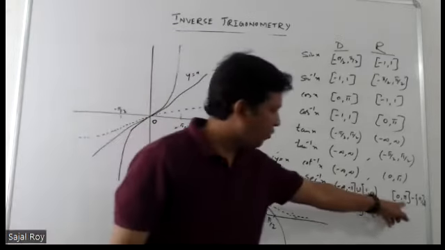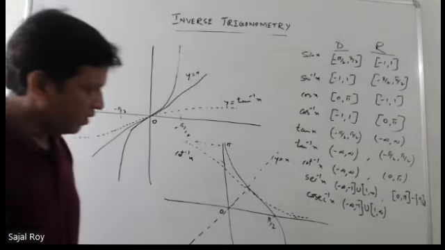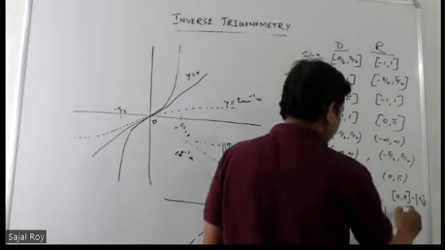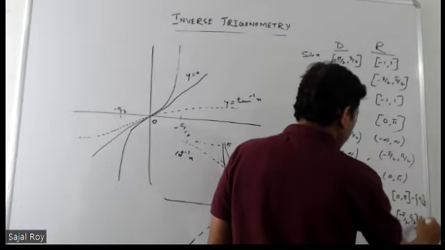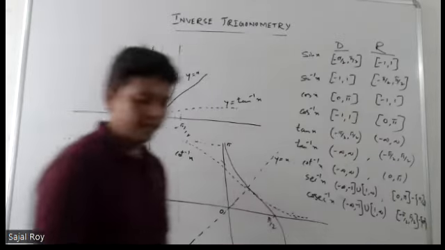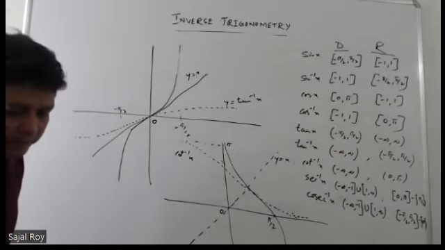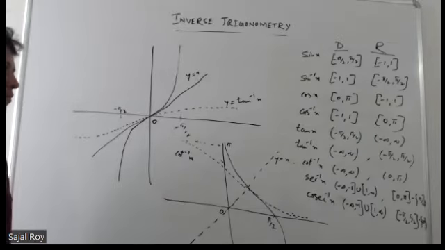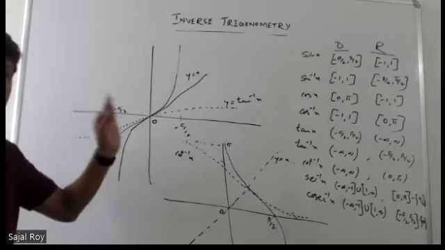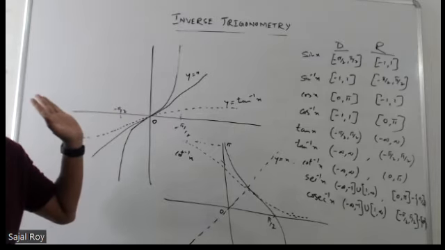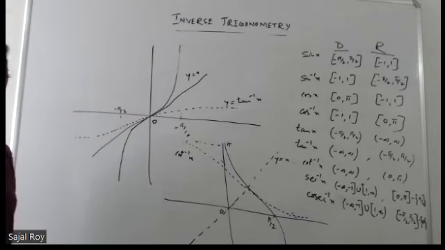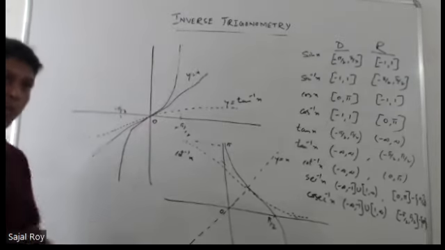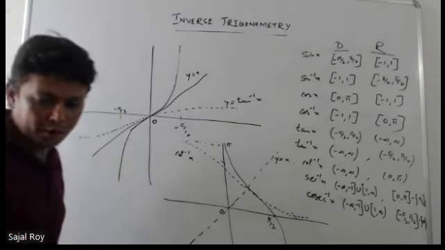And this is the range for sec inverse x, and the range for cosec inverse x is minus pi by 2 to pi by 2, but 0 is excluded from that interval. Because it's inverse, each and every piece of information is very important, especially the graphical concept. From the graphs, you can answer so many problems. Okay?